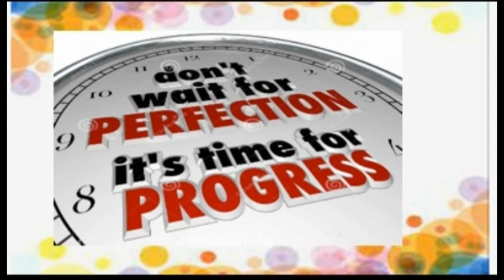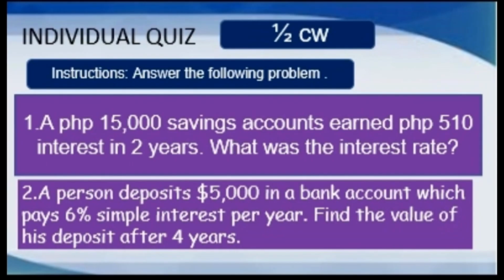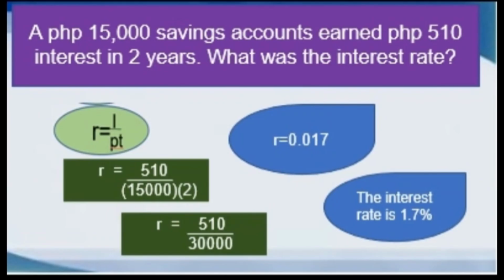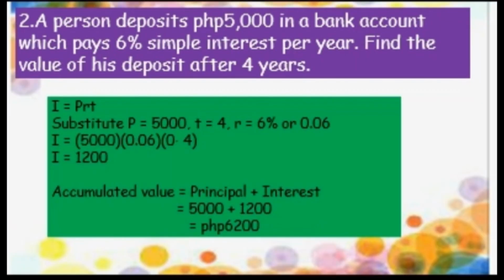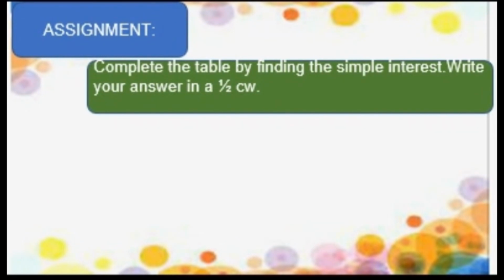So kayo na po ang bahala kung ano po yung additional message nyo, yung encouragement na mga messages para po sa mga bata. And then for evaluation po, ito po yung binigay ko sa kanila. Dalawa lang po. Tapos, answer sa question. And then after evaluation, after na masagutan nila yung quiz nila, ito na po yung assignment. So, dito po nagtatapos yung aking COT.